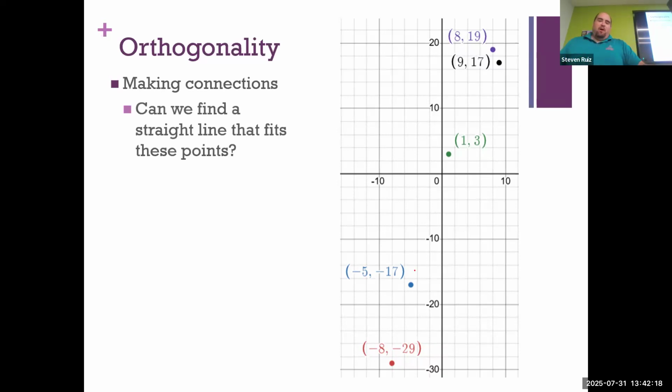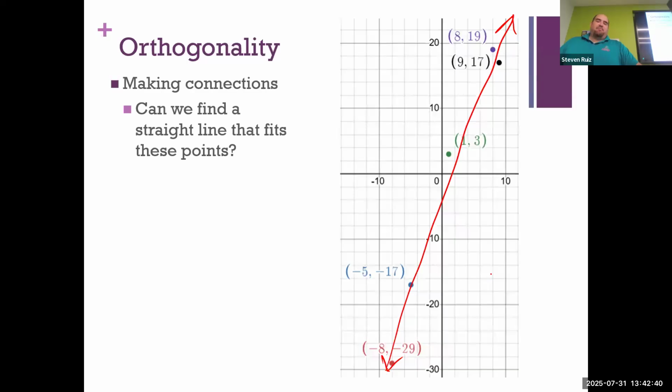So hopefully if I get a straight line, it's going to look something like this.